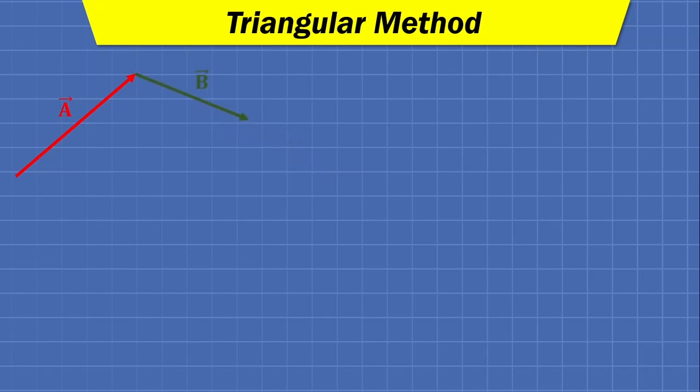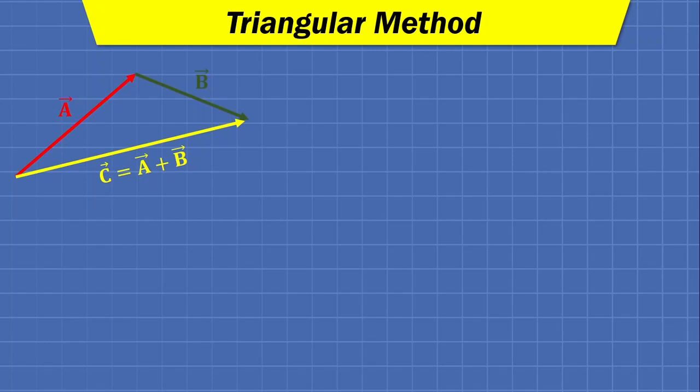So we have moved b bar and we have put the tail of b bar on the head of vector a. Now just join the tail of vector a and head of vector b. So this joining vector will be the addition of vector a and b. We have named it as vector c. Fine. And this process can be adopted for any number of vectors.